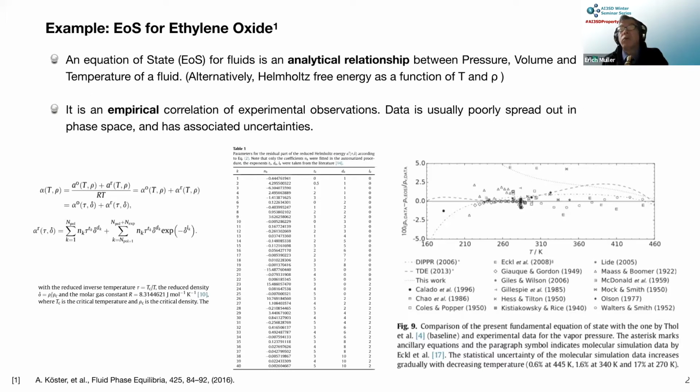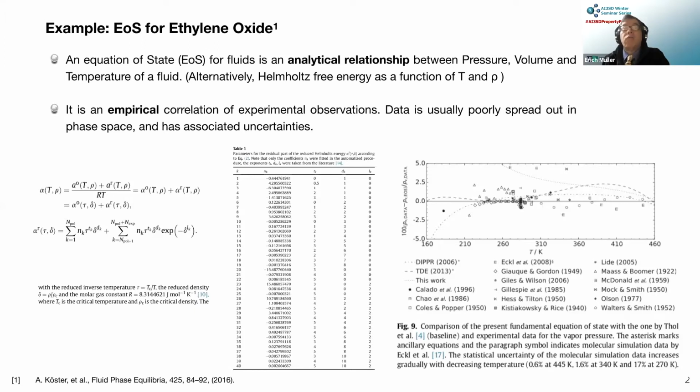Well, we know a little bit about that, but in principle, we start with data, which is usually poorly spread out in phase space, and by phase space I mean the relationships of temperature and density. And also it has associated uncertainties with it.